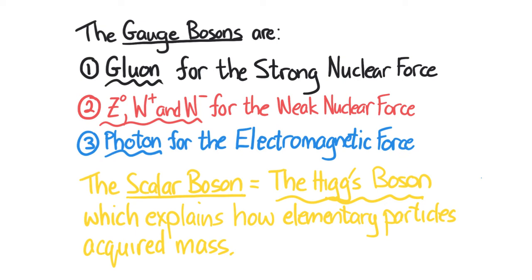Now we would associate photons with light, but remember that light is part of the electromagnetic spectrum and is associated with the electromagnetic force. But this would be a virtual photon as opposed to a photon of light. The scalar boson is the Higgs boson, which explains how elementary particles acquired their mass in the early universe when interacting with the Higgs field.